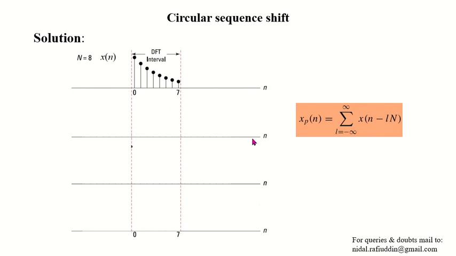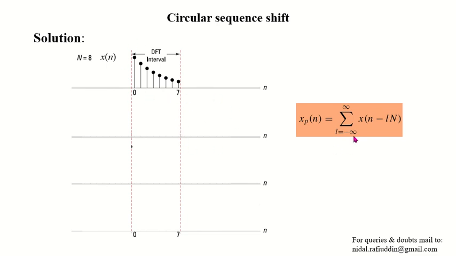If we talk about this particular graph for xpn, then we'll have the same sequence from 0 to 7 being copied here at this point for L equal to 0. When L is taken as 1, the same sequence is shifted by 8 steps, so we'll have the same sequence copied ahead here.